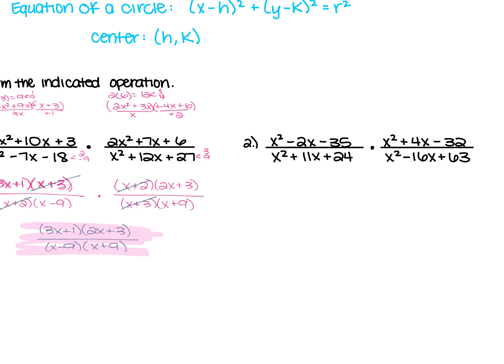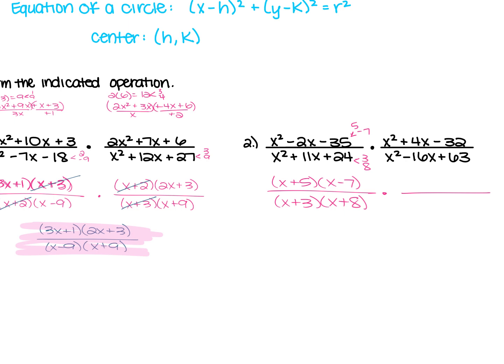So on the top of the first fraction, your factors of negative 35 that add up to be negative 2 are 5 and negative 7. So that factors to be x plus 5 times x minus 7. On the bottom of the first fraction, your factors of 24 that add up to be 11 are 3 and 8. So that's x plus 3 times x plus 8.